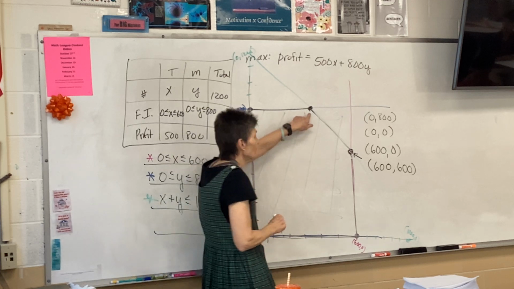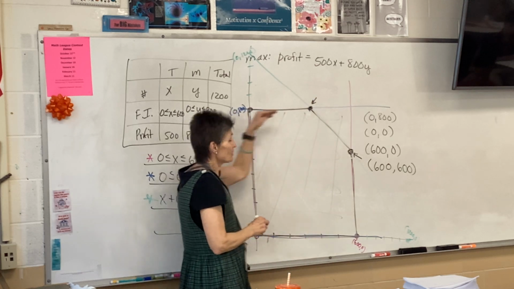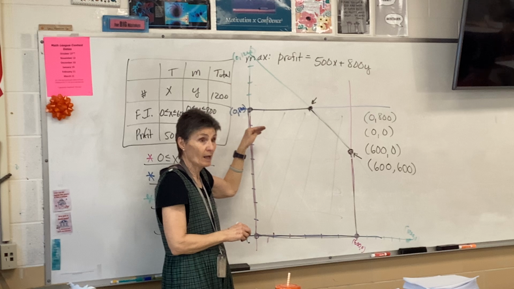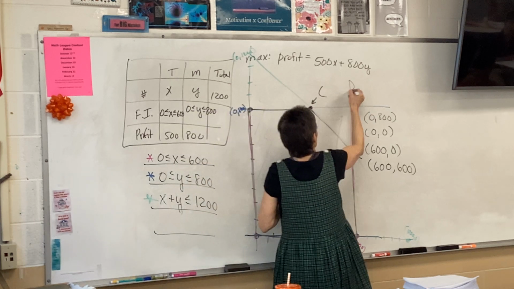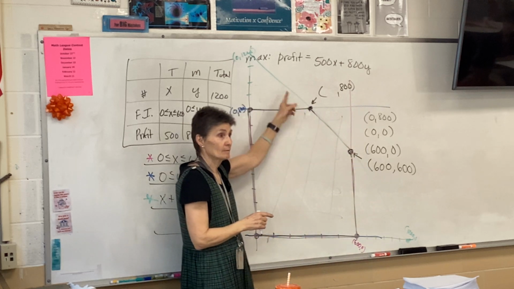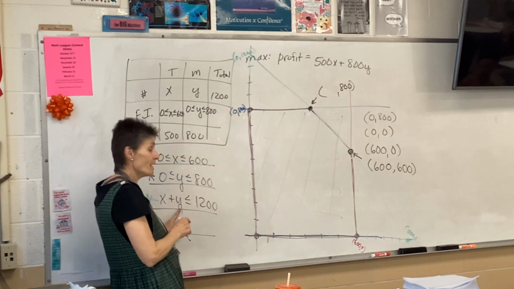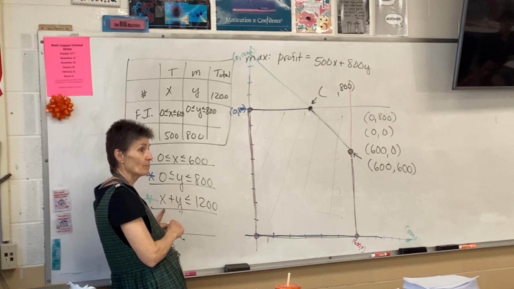What about this one? What can you tell me about this one? It is on the 800 line for Y. Y is 800. But it's also on the green line. So if Y is 800 on the green line, then X has to be 400.